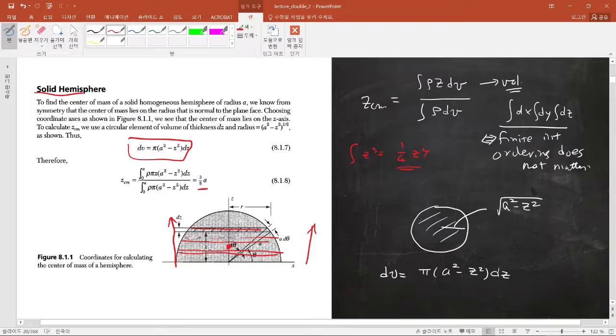It's intuitively true, because the lower side has more mass distribution, so it should be lower than one half, 1/2 a.